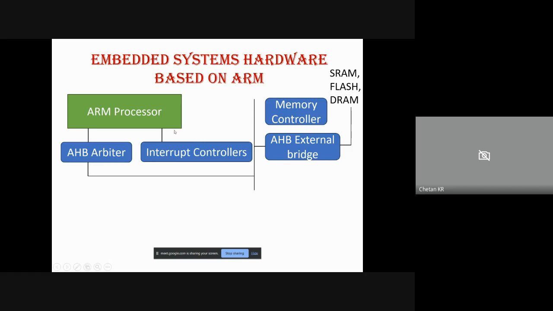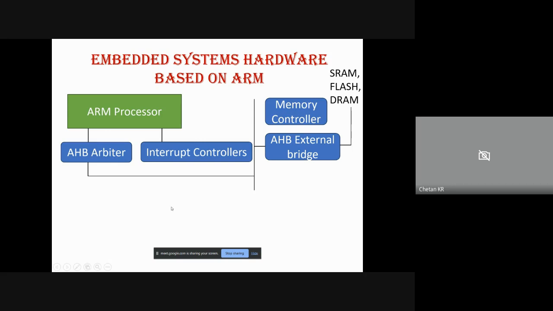Then the ARM processor not only speaks with memory, it also speaks with peripherals. Peripherals are, in simple terms, the input and output devices. But if you want to reach the peripherals, it has to go through a bus called APB, ARM peripheral bus. But there is no direct ARM peripheral bus connection. You have to first go through the high-speed bus itself.